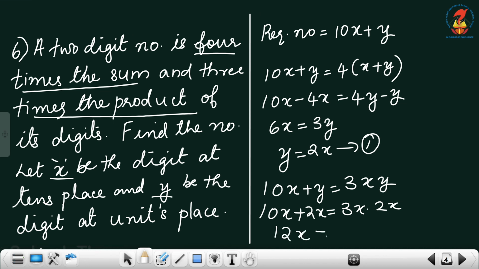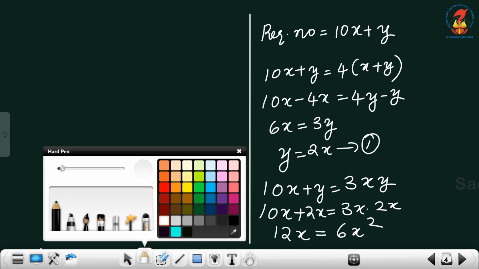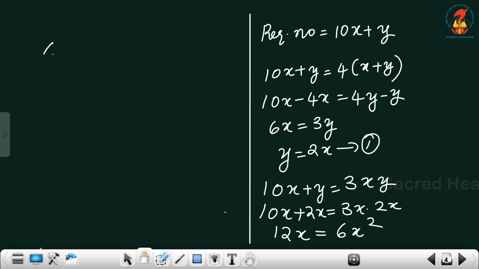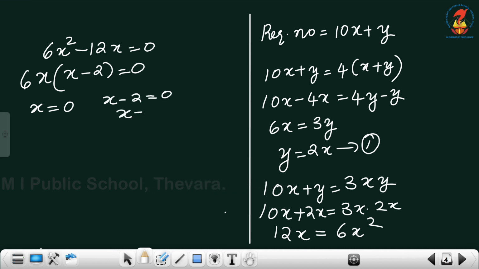So 12x = 6x². So the equation is 6x² − 12x = 0, or you can write 6x(x − 2) = 0. From here, either x = 0 or x − 2 = 0, so x = 2.